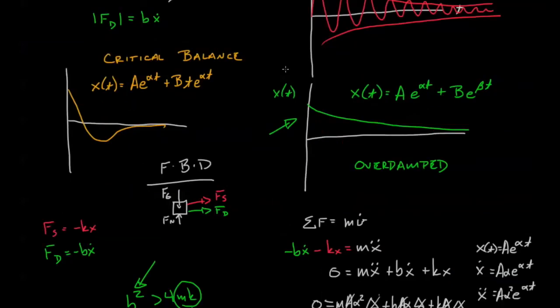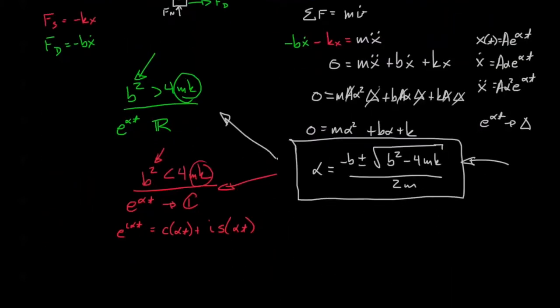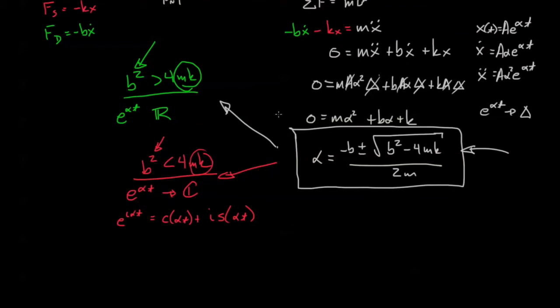So I wrote down critical balance here. I think what I meant was that the spring and the damping forces are balanced. We call it critical damping. I'll keep that balance in there because it is a balance of spring and damping forces. So what is the critical damping? That's when b squared equals 4mk.